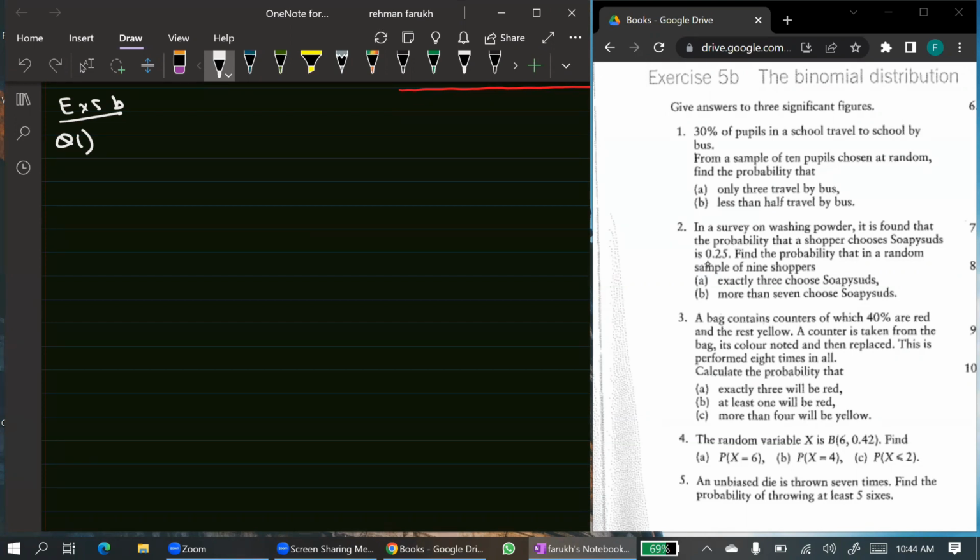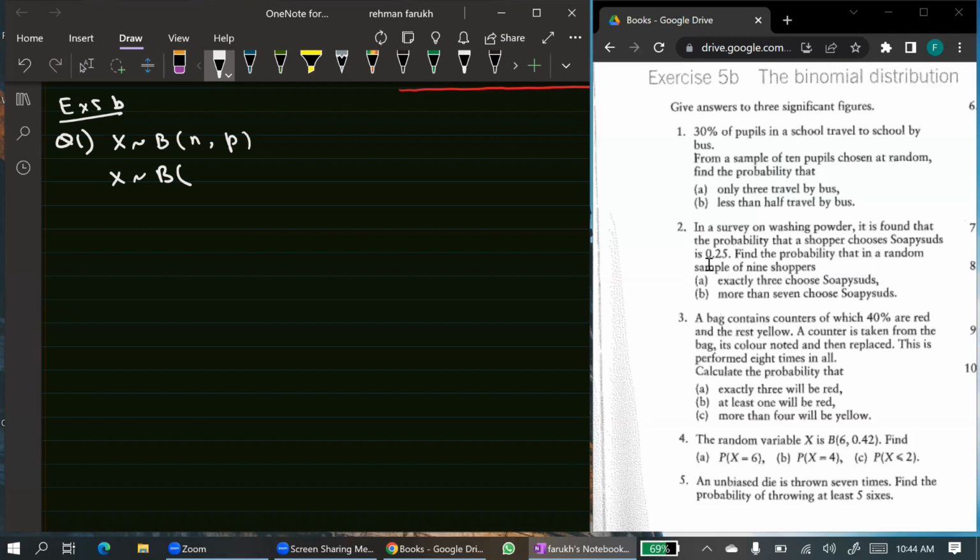Now, first of all, we will write down the definition of this binomial distribution. The definition is X is a binomial distribution with n comma p, from a sample of 10.